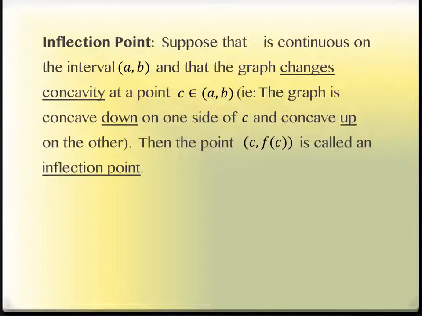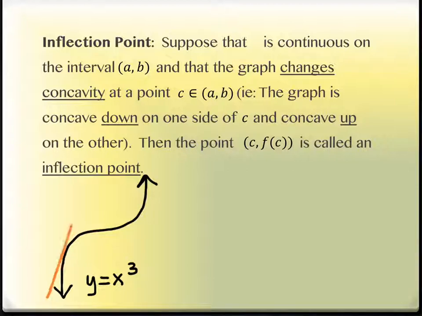So let me draw you a couple of pictures of how this might look on a graph. This is that plain old, exaggerated looking graph of y = x cubed. If we were drawing slope lines in here, those tangent lines, for a while they are actually becoming flatter, right?